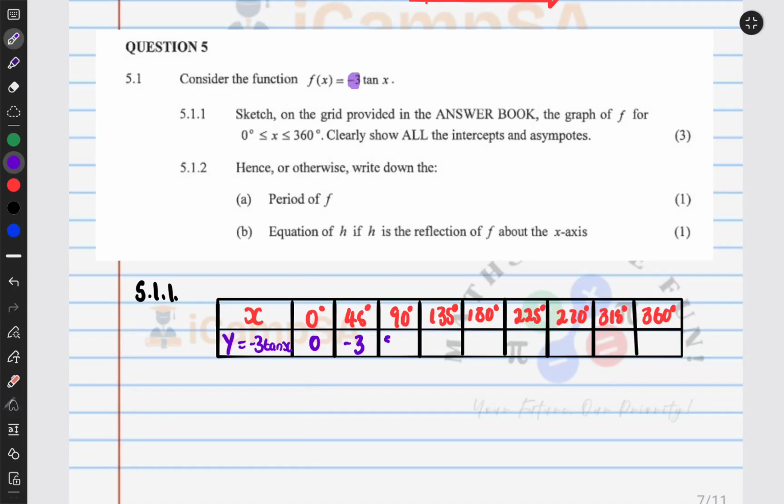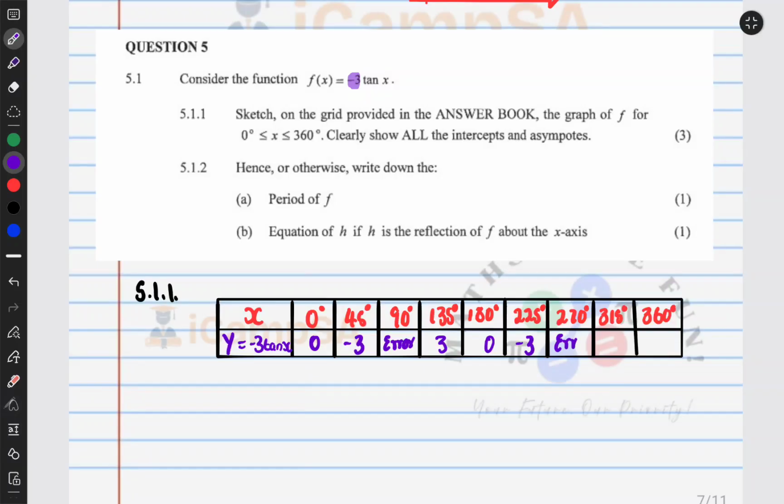We get an error, as we have said that is where we have the asymptote. Negative 3 tan of 135 is 3, negative 3 tan of 180 gives us 0, negative 3 tan of 225 gives us negative 3, and then 270.